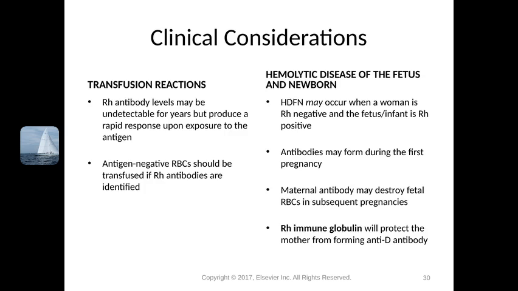So if the baby is born and the cord blood is tested and the baby is Rh positive, then the mom will get another dose. This will be at least one dose.